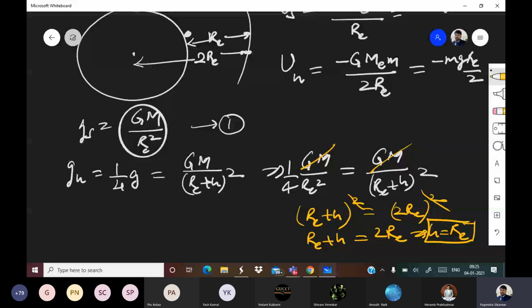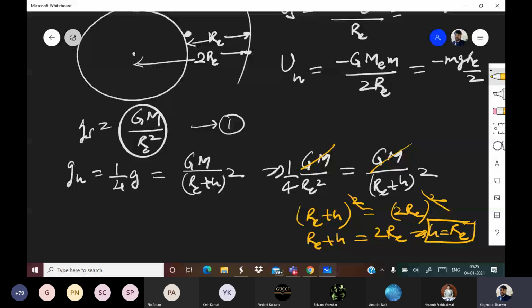Vcm is equal to m1 v1 vector plus m2 v2 vector upon m1 plus m2.